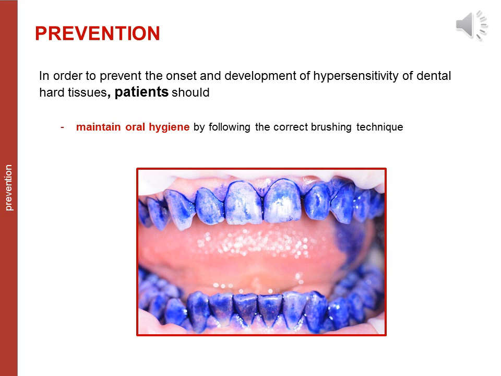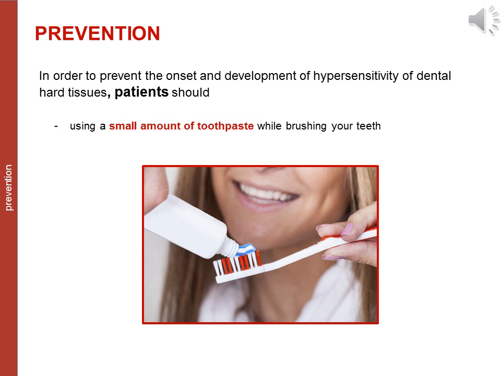In order to prevent the onset and development of hypersensitivity of dental hard tissue, patients should maintain oral hygiene by following the correct brushing technique. Use a small amount of toothpaste while brushing your teeth, because toothpastes contain a foaming component that flushes calcium out of the enamel.